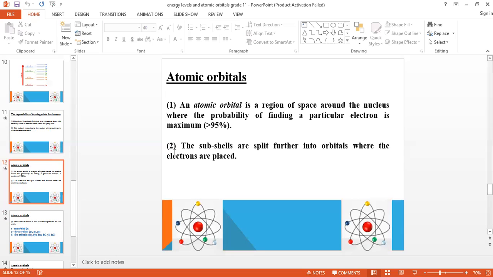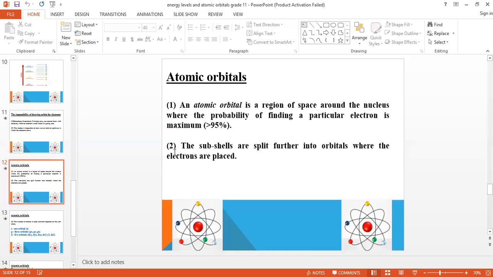Like we divided shell into subshell, K into S, L into P, and so on. When we divide a shell, we call it subshell. When we divide a subshell, we call it orbitals. We have 4 subshells.